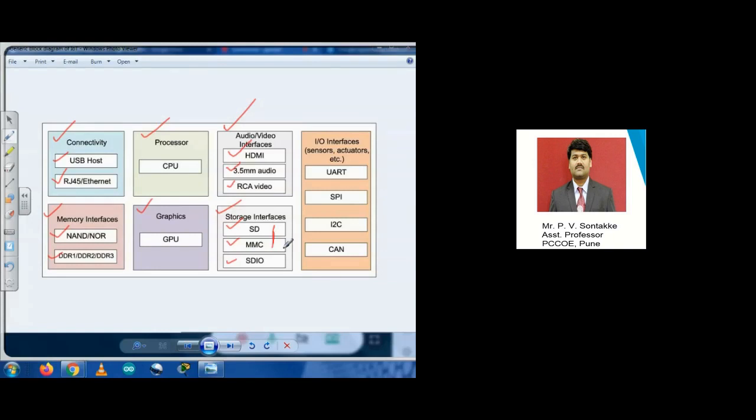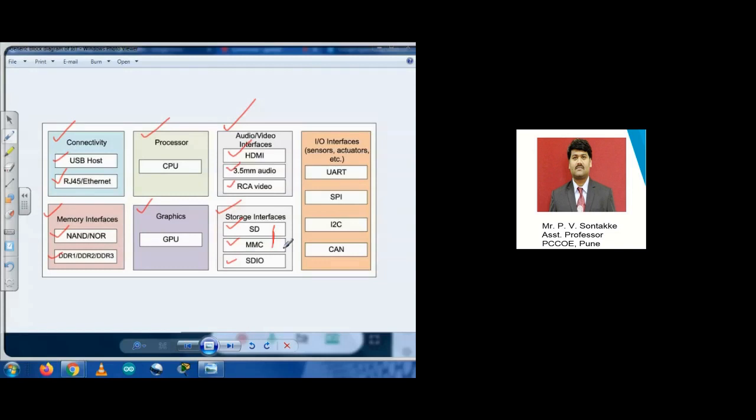Both SD and MMC can be used in different portable devices, but they only differ by their physical sizes, capacity and usage. That's the only difference, or otherwise both are the same. They differ only in size, capacities and usage, where we can use them.